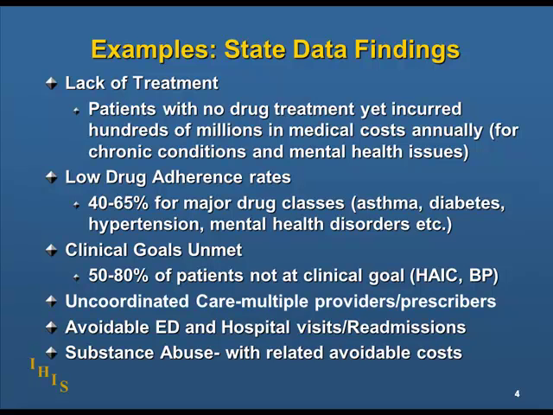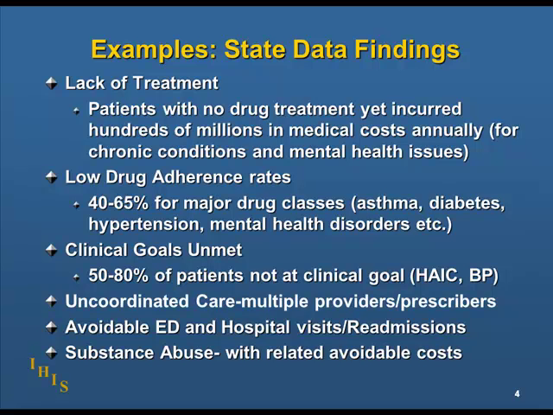Low drug adherence rates, you've heard about that, only about 50% adherence rates among all the chronic disease areas, including mental health. Clinical goals, tremendously unmet. 50 to 80% of patients, it's closer to 50% with most conditions like hypertension and diabetes, are not at their clinical goals.